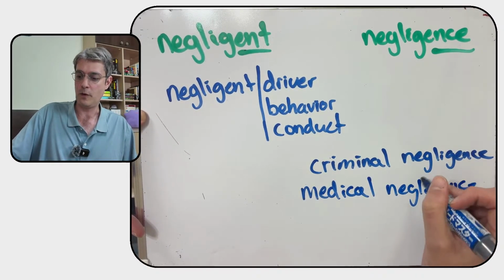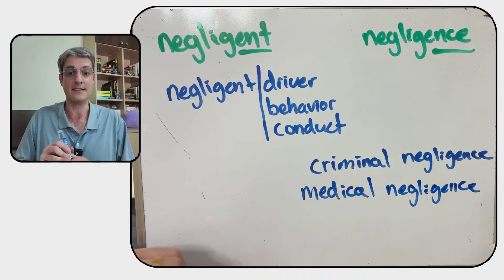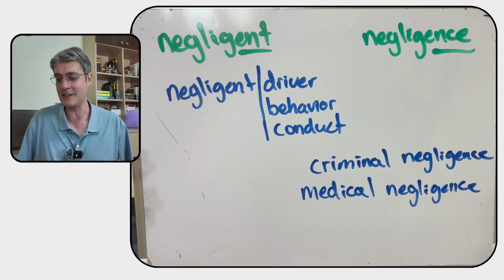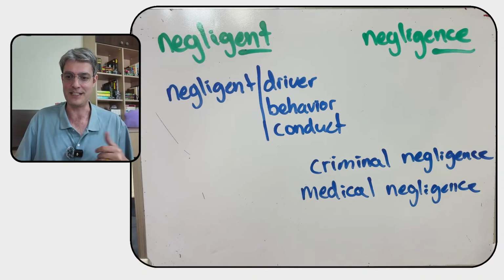And this would be where a healthcare professional, like a doctor or a nurse or a pharmacist, doesn't exercise care and it leads to some kind of bad injury or even death. So if a patient says repeatedly that they're allergic to a particular kind of medicine, but they're given it anyways, that would be medical negligence.